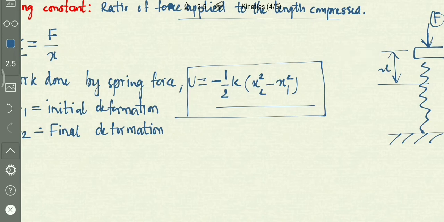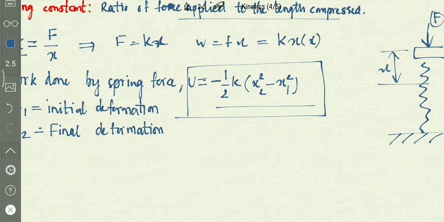This is because F is equal to K into x. What is the work done? Work done is given by the force into displacement. Here force is K into x and the distance is x. So it is kx square.